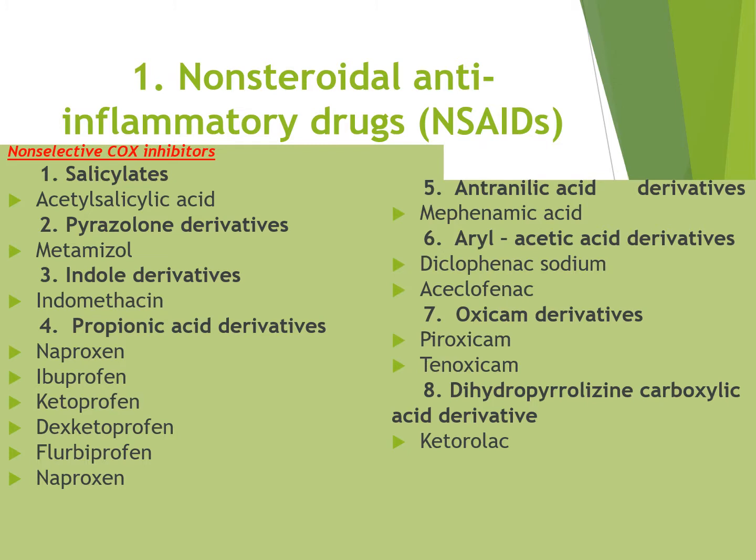I told you that these drugs inhibit cyclooxygenase. First, non-selective COX inhibitors, which block both COX-1 and COX-2. There are salicylates. Acetylsalicylic acid is very famous and known as the drug aspirin.